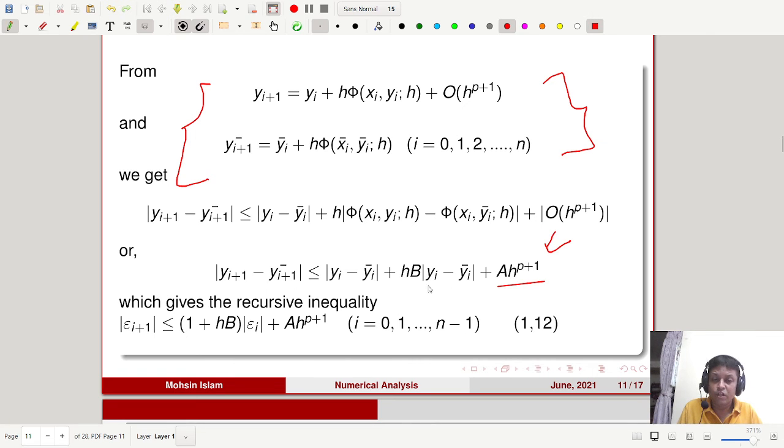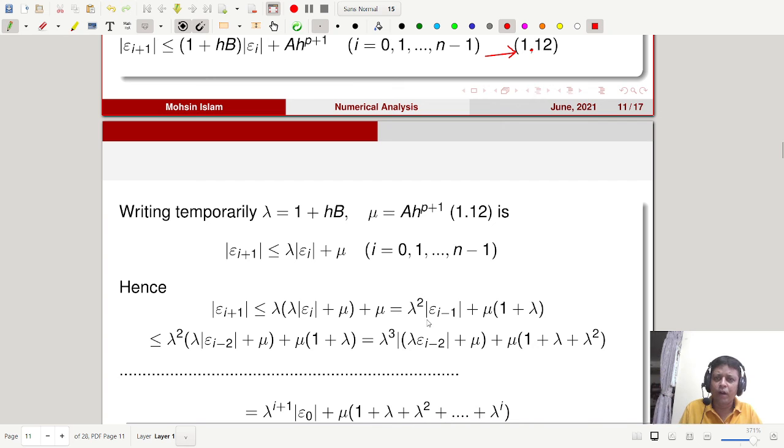So we can write this equation, which gives the recursive inequality in error form, because this modulus will give you the error at every step. That is given by modulus epsilon_{i+1}, the error at the (i+1)th stage, less than or equal to (1 plus hB) epsilon_i plus A h to the power p plus 1. This is easily calculated from the error relations. This is 1.12. So you have a recursive inequality in error.